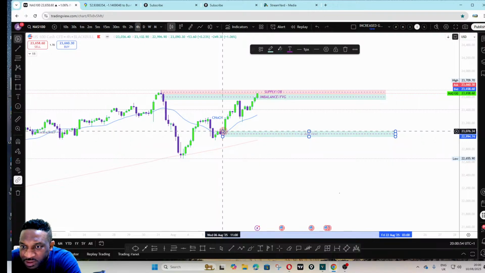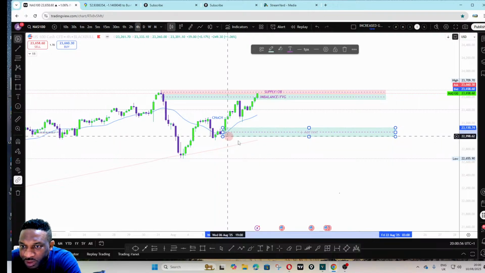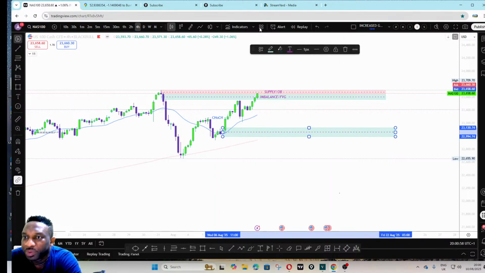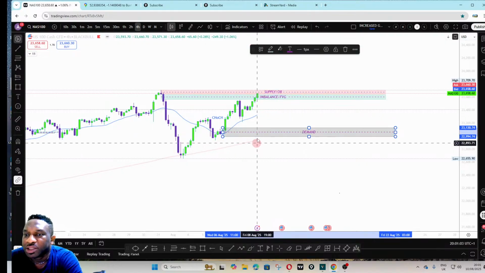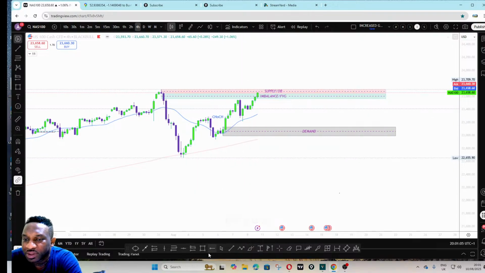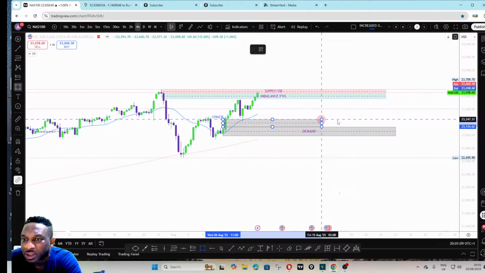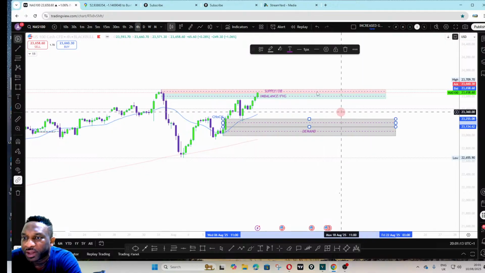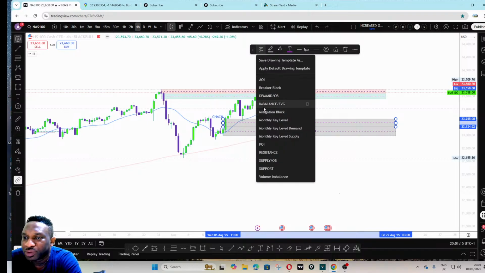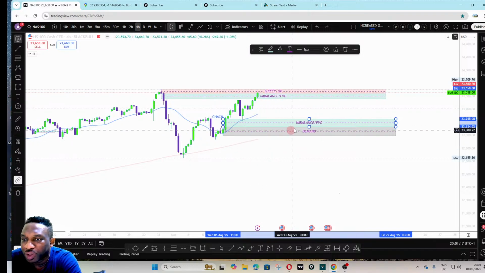This is the last candle, so this will be the demand zone. Attached to this demand zone, we have this imbalance area there.